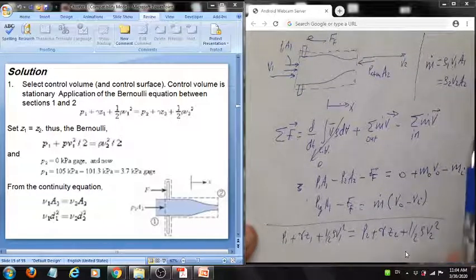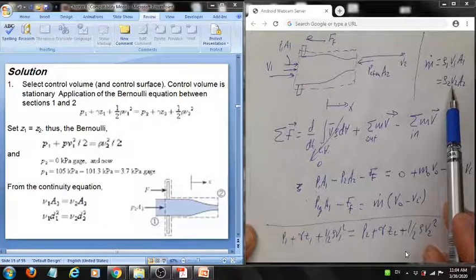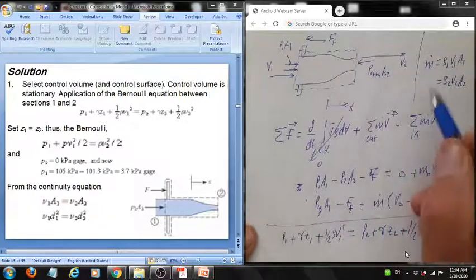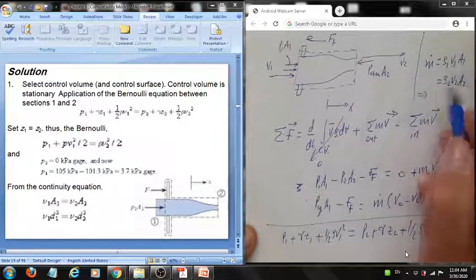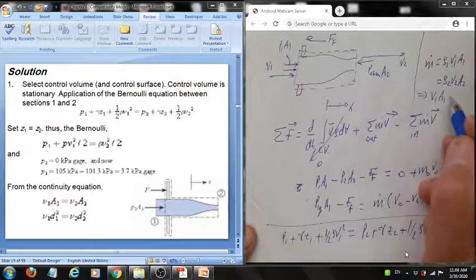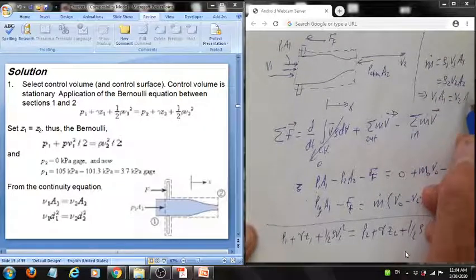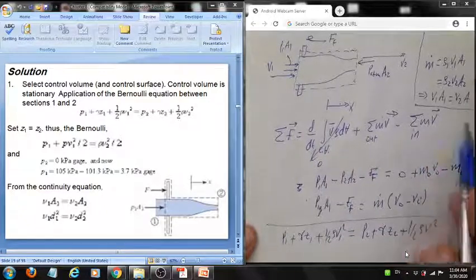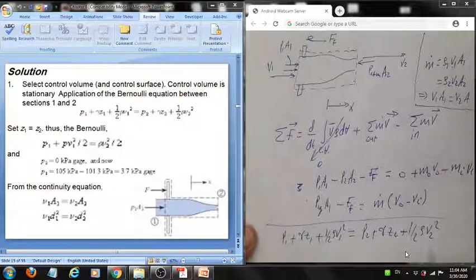So here we have an equation which implies that V1 A1 is V2 A2. That's one equation. And then we have another equation here.